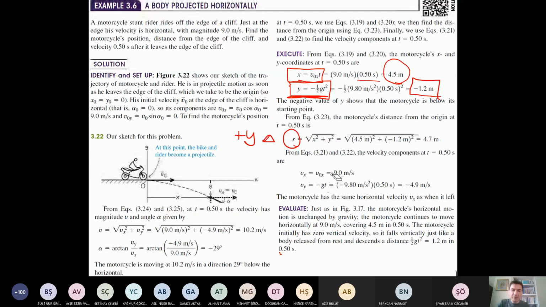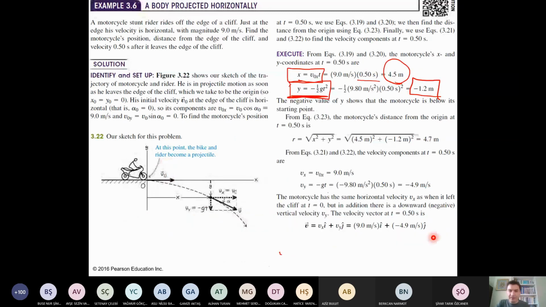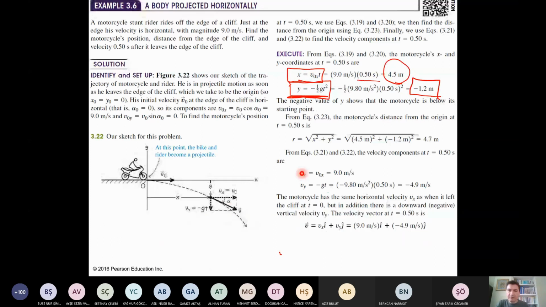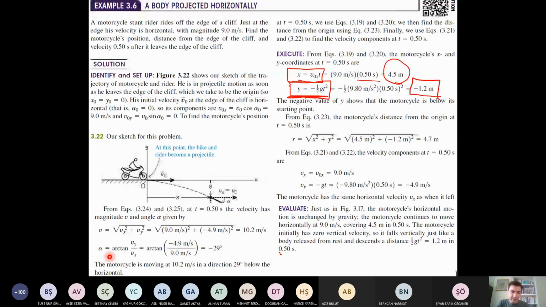So we have calculated the velocity vector when the time is 0.5 seconds, and let's try to calculate the magnitude of the velocity vector, which is given by this expression, and then you can also calculate the alpha here. Alpha is given by arctangent Vy over Vx. You have calculated Vy, you have calculated Vx. Then put them here. The result is this one, negative 29 degrees.